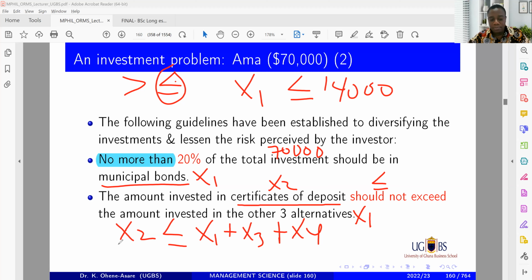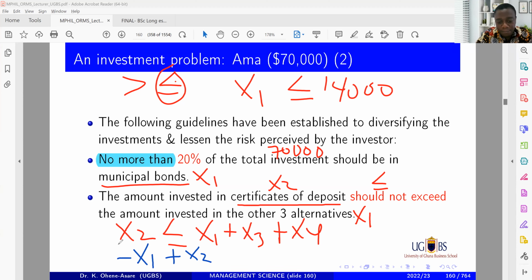Okay, so we'll take all the letters to the left side. So X1 will cross the sign to the left side, so it will be minus X1. So I should start writing, right? Yes, please. Write minus X1. So plus X2. X2 is already there, so it's positive.